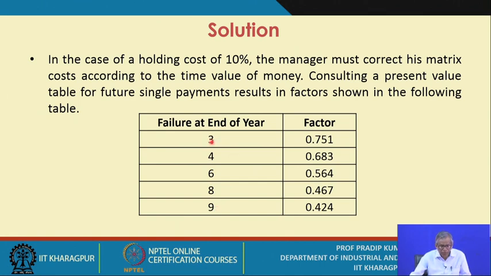Okay. So, there could be different occasions, there could be 1 failure, 2 failures, 3 failures. Okay. So, if suppose there are 3 failures, we will assume that at the end of 3rd year there will be first failure, at the end of 6th year there will be second failure, at the end of 9th year there will be 3rd failure.